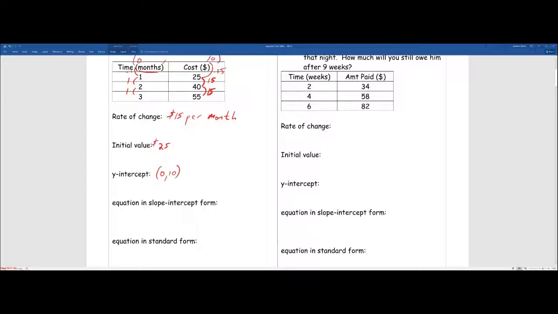All right, equation in slope-intercept form. So we have our b, we have our rate of change. If we were to write our function, it'd be f of x equals, again, $15 per month plus our intercept, which again is 10.